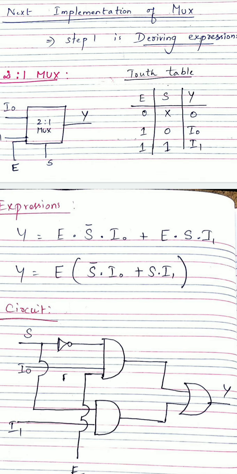Y is equal to, first row, E is 1. So E into, what is the value given in S? It is 0. So S dash into I0, plus, second row, you have to add the expression. E into S, the value present in S is 1, so you have to write it as S into I1.